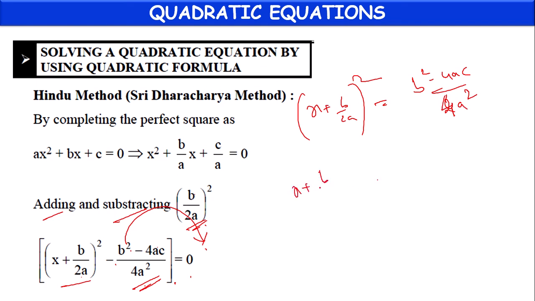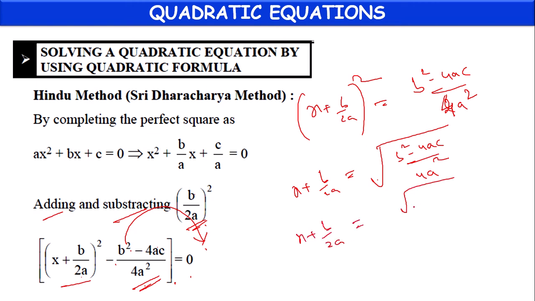Or x plus b by 2a equal to root of b square minus 4ac by 4a square. This we can take, root of 4a square.